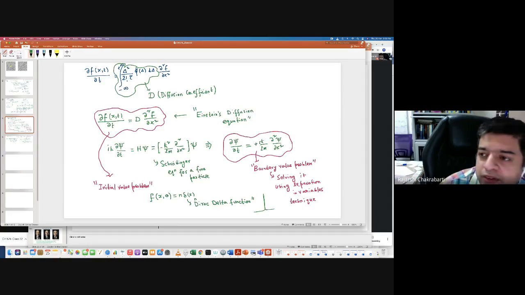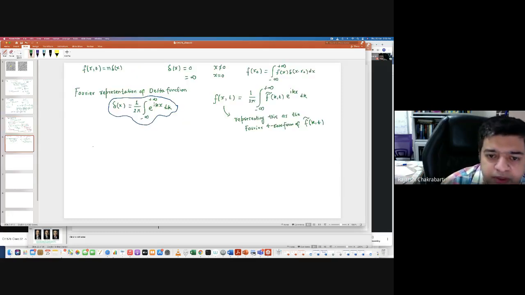So on your left, you have a time derivative of your function f of x comma t. So take a time derivative here. If I take a time derivative here, what am I going to get?